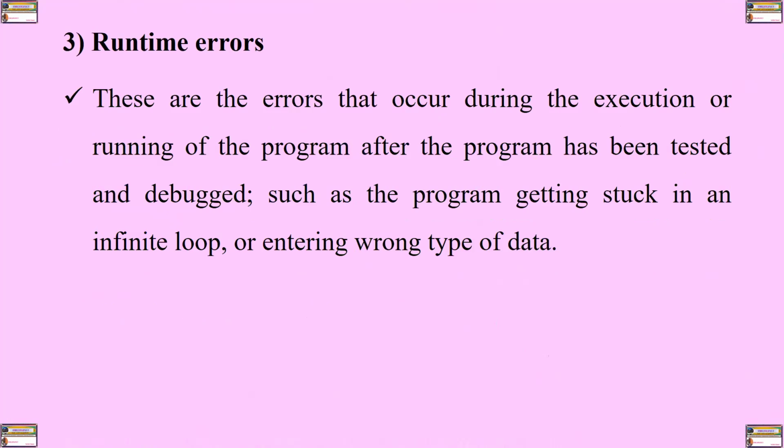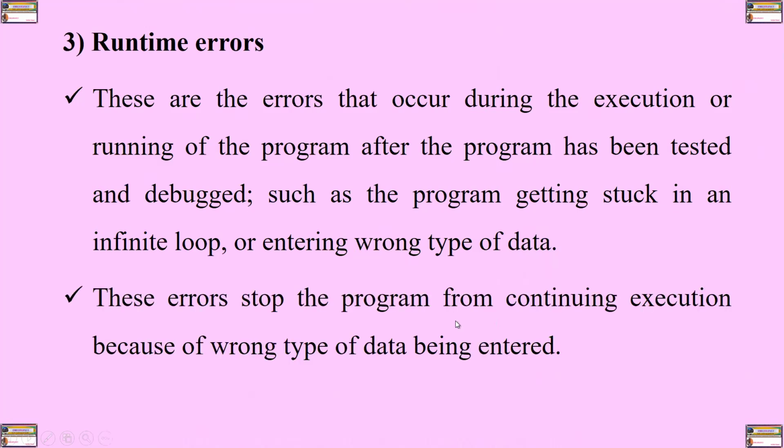The third type of error is the runtime error. These are the errors that occur during the execution or running of the program after the program has been tested and debugged, such as the program getting stuck in an infinite loop or entering the wrong type of data.